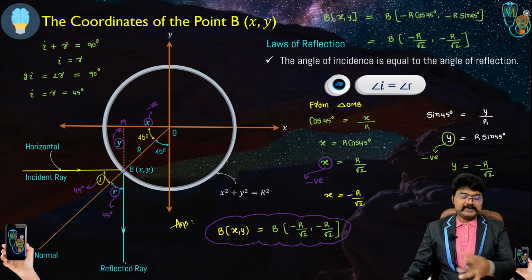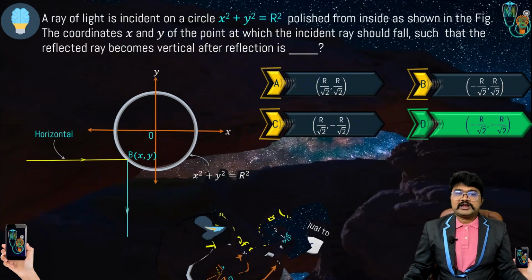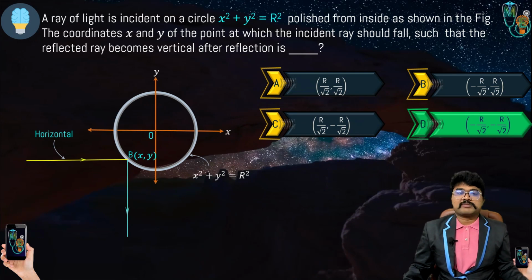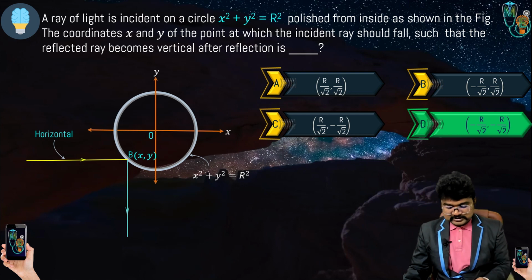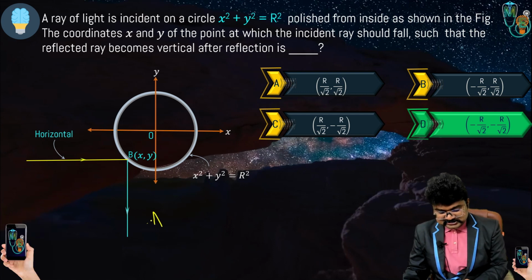So it is very basic level geometry. So what is the final answer to this question? Minus r by root 2 comma minus r by root 2.